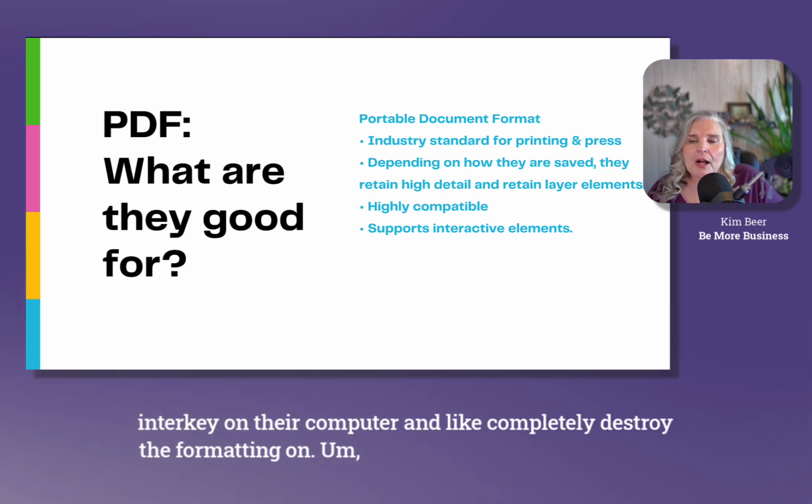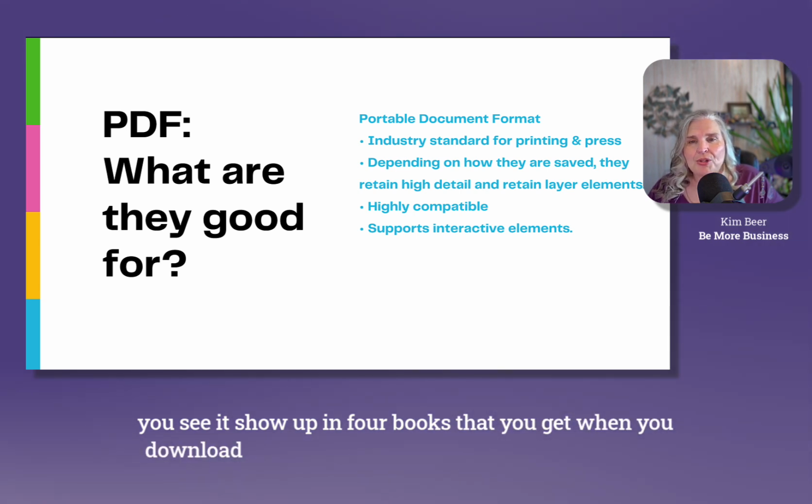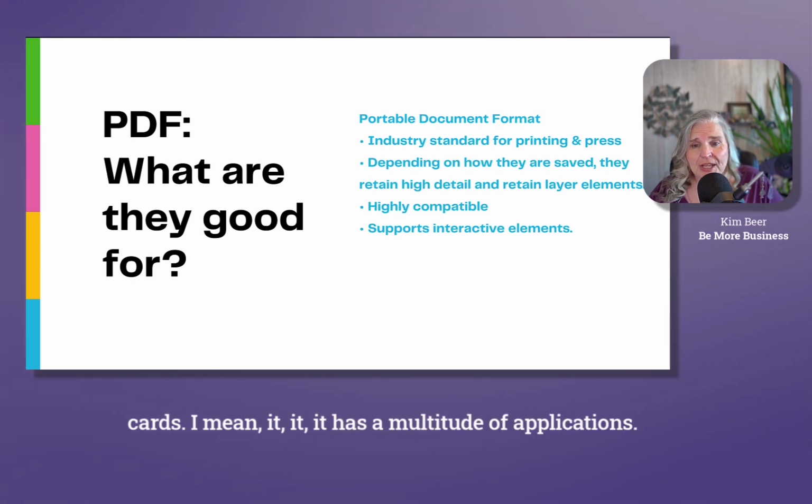That's a PDF. That's exactly why you see it show up in workbooks that you get when you download a lead magnet. You see it in quick reference cards. I mean, it has a multitude of applications.